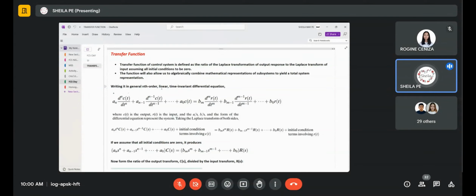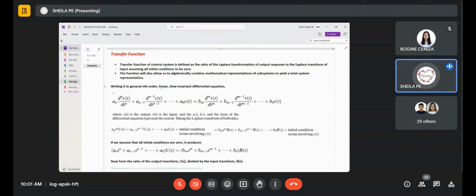Writing it in general order linear time invariant differential equation, or LTI. So if we have a sub n d raised to the power of n c(t) over dt raised to the power of n, plus a sub n minus 1 d raised to n minus 1 c(t) over dt raised to the power of n minus 1, and so on and so forth, equal to b sub m d raised to the power of m r(t) over dt raised to the power of m, plus b sub m minus 1 d raised to m minus 1 r(t) over dt raised to m minus 1, and so on and so forth, given that our c(t) is the output and our r(t) is the input.